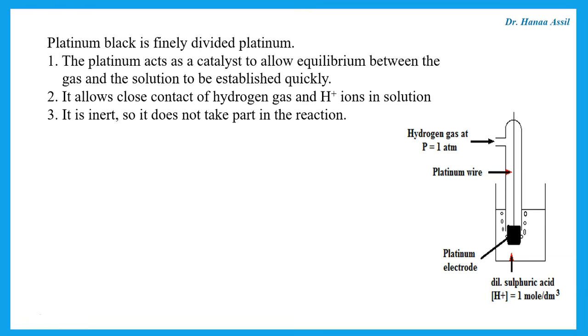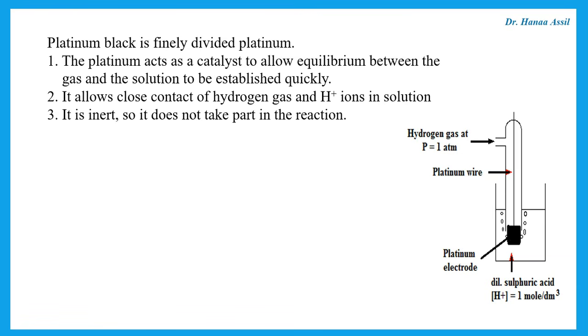So what happens is the hydrogen gas is allowed to go in. It goes to the platinum electrode, and this platinum electrode is covered with a layer of finely divided platinum. The finely divided platinum actually acts as a catalyst.